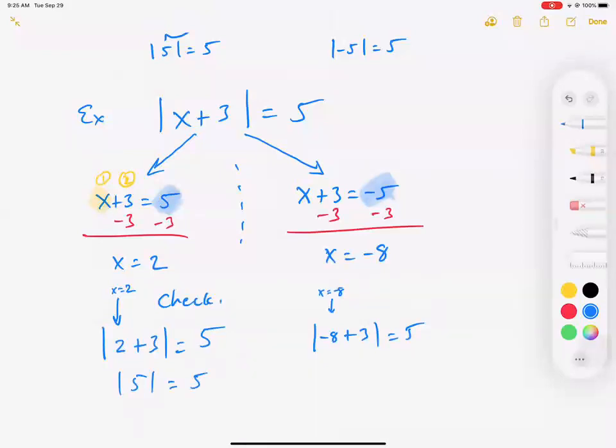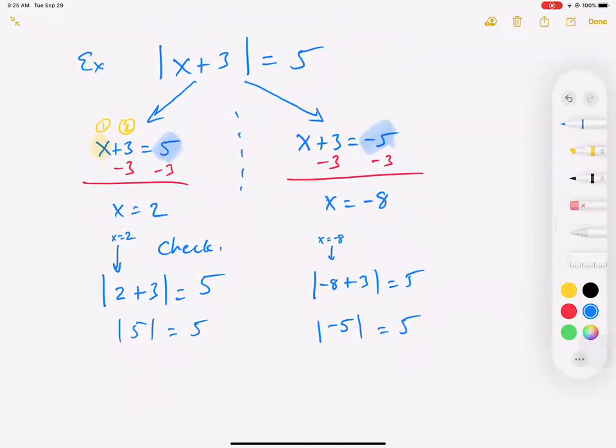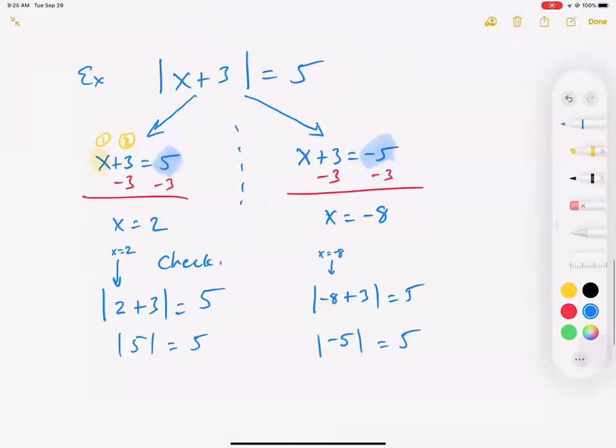We are good to go there. How about negative 8 plus 3 is negative 5 because I have more negatives? True statement? So it turns out there are two answers, two possibilities coming from the left and right side. And we use our algebra to make this problem easy to solve.